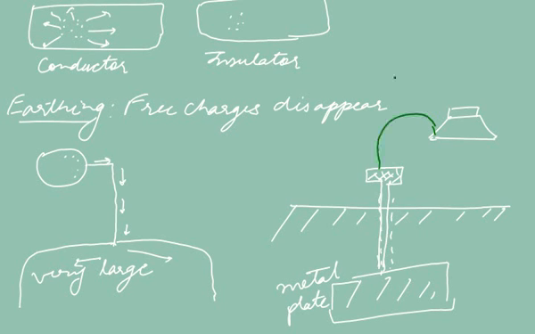If there is any excess charge, let's say some positive charge, on this iron, that will flow through this green wire, through the metal strips to the metal plate buried deep in the earth, and that charge will be dissipated to earth. Therefore, earthing makes free charges disappear.